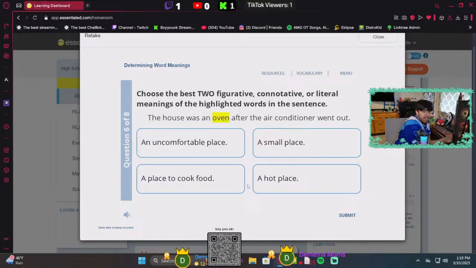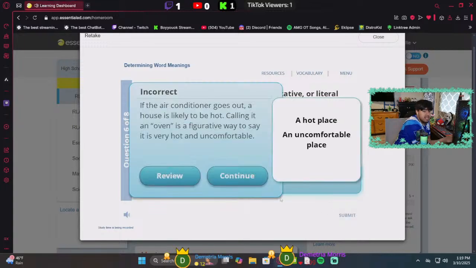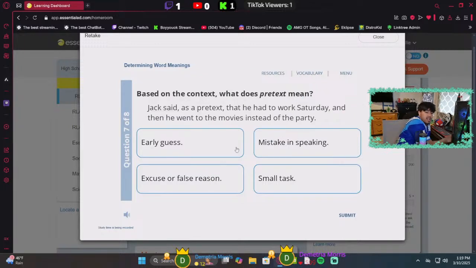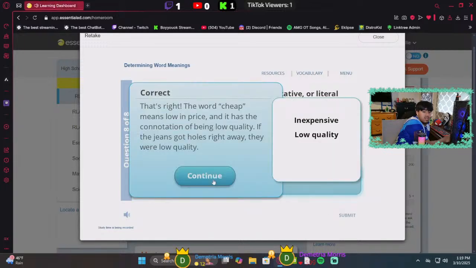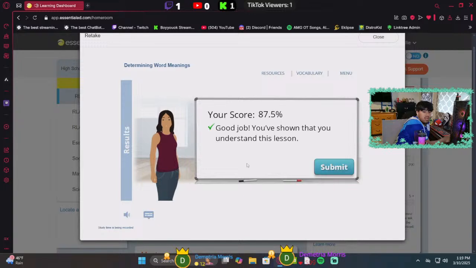Oven. Hot place. Cheap. So, low quality. And inexpensive. Nice job. Your score is really good.